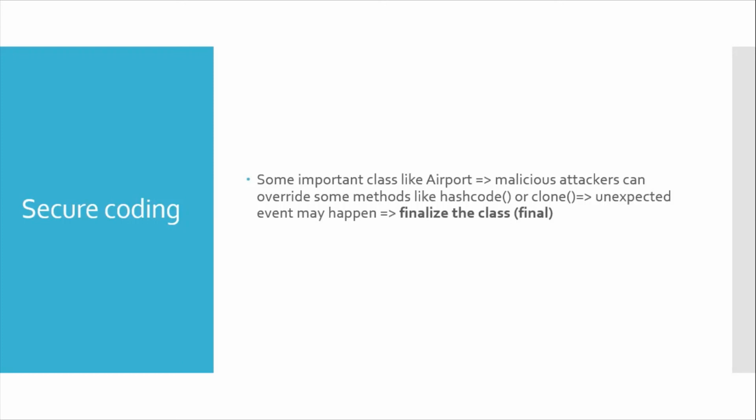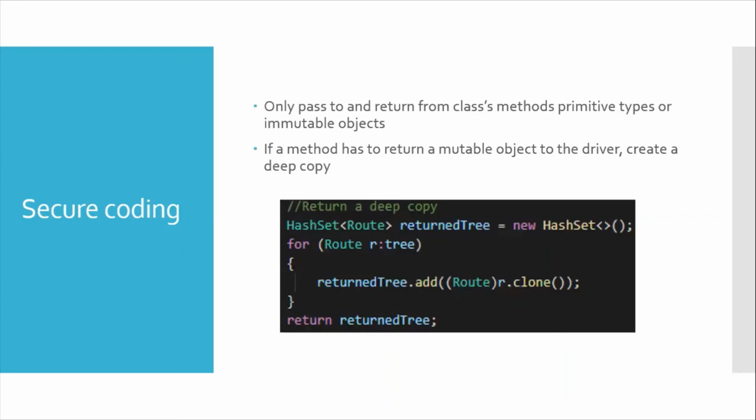Also, for classes that I think I will not override, I make them final so that a malicious attacker cannot override methods like hashcode and clone, because I don't want unexpected events to happen if hashcode or clone is overridden.